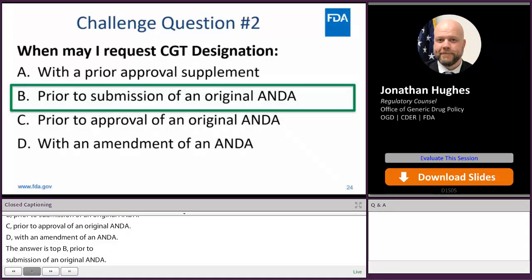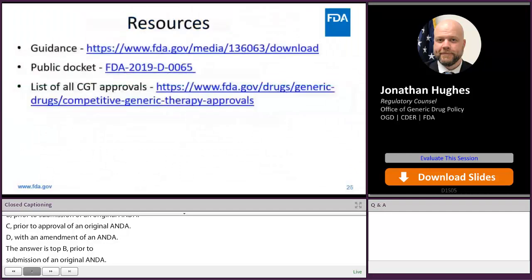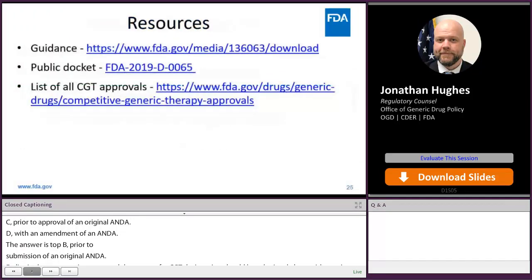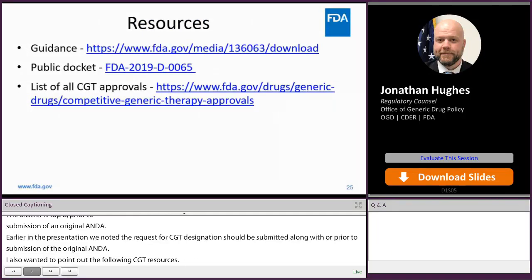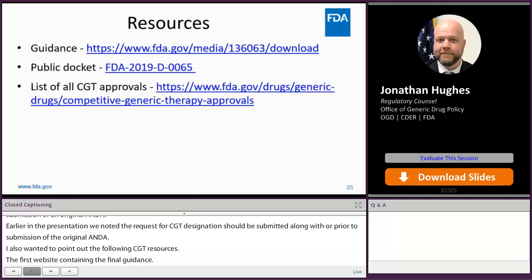I also wanted to point out the following CGT resources. The first link is to the FDA website containing the final guidance. The second website is the public docket where the draft and final guidances were published and where the comments were received on the draft and final guidances.